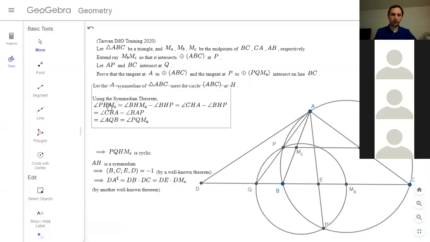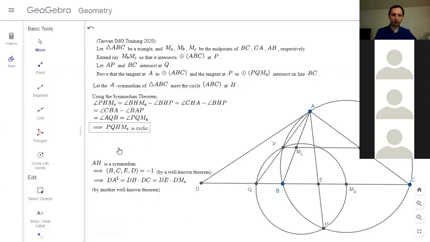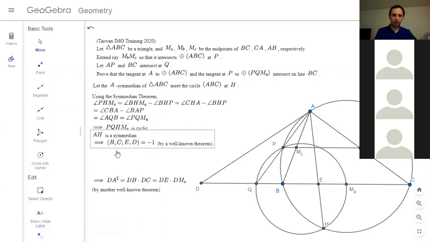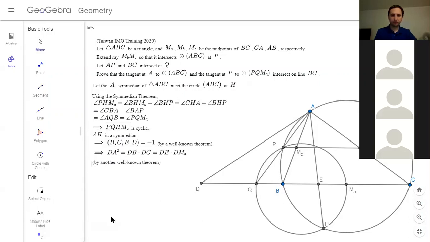But let me see if I can write it out more elegantly. So we want dQ over dE.